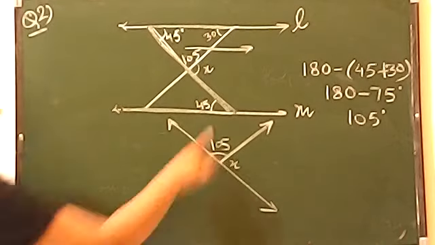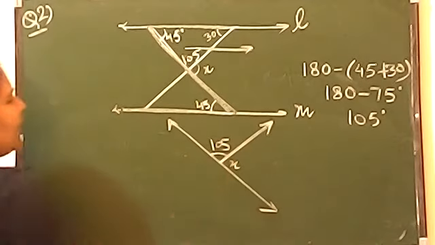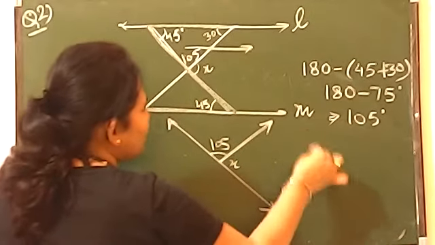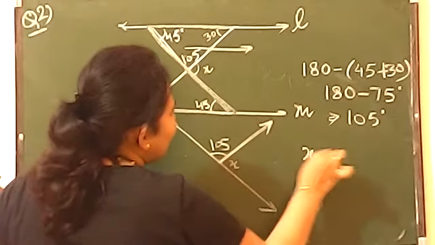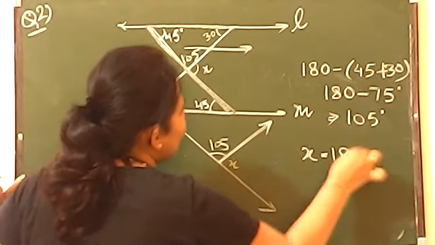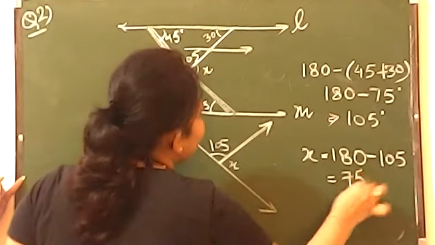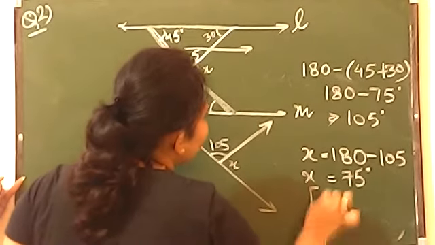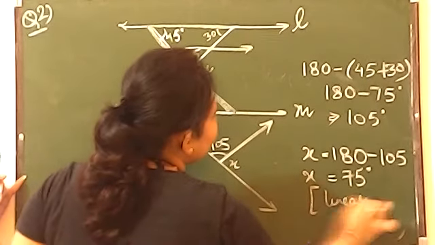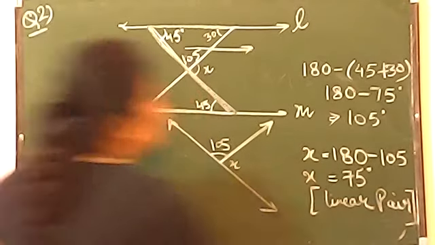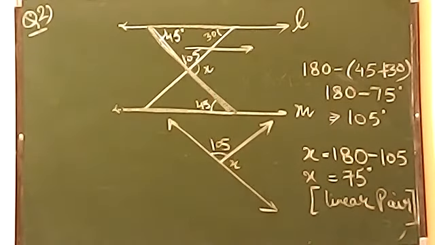You can see this a linear pair. 105 and x. So how will you get it here now? X value will be 180 minus 105, which will give you as 75, just because of linear pair. Finished. Okay.